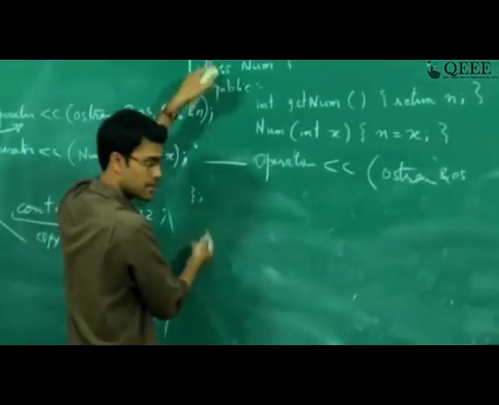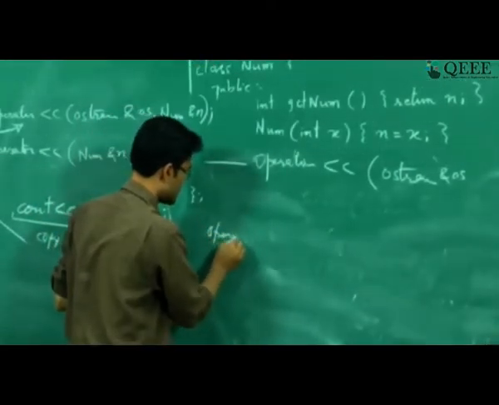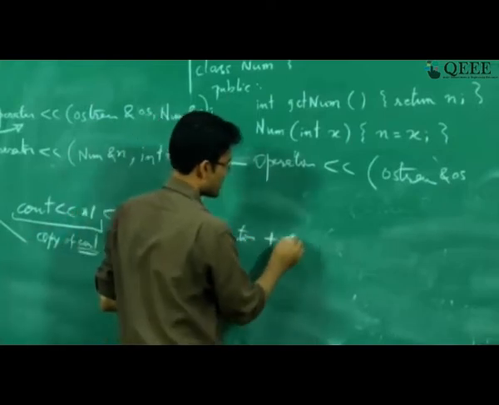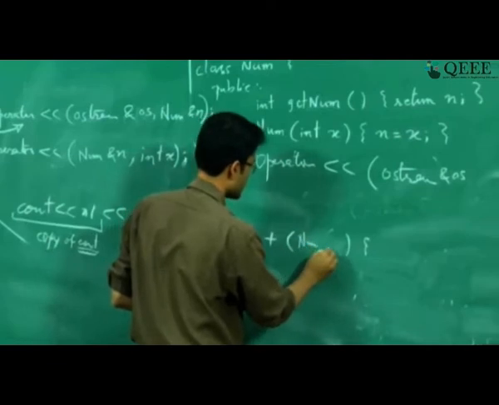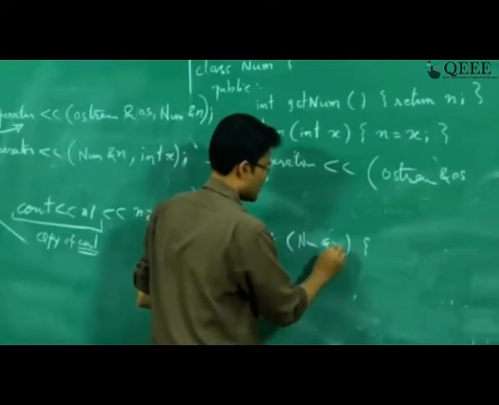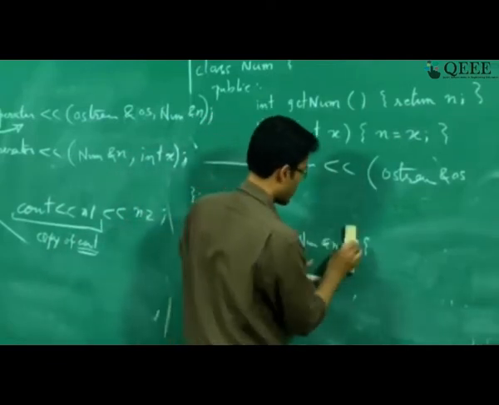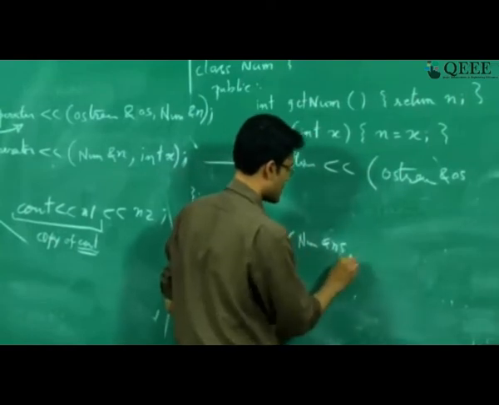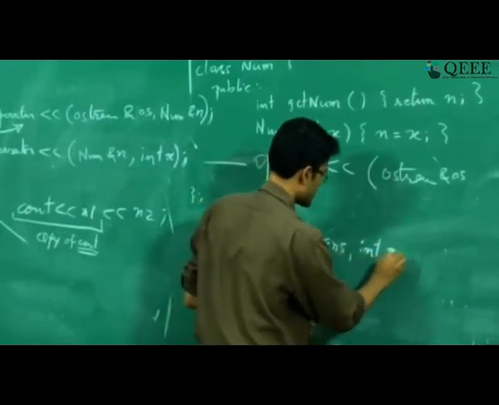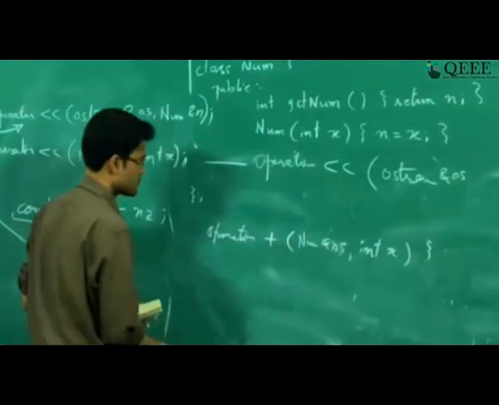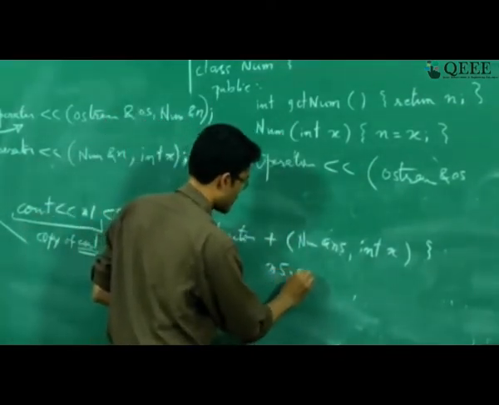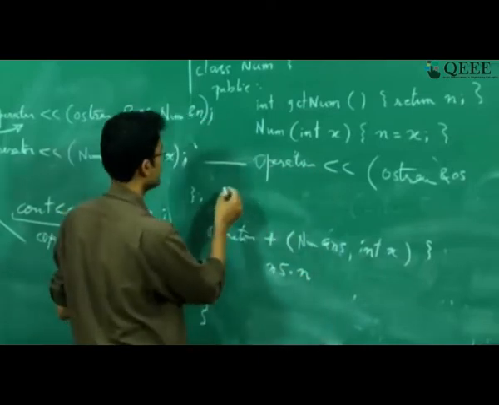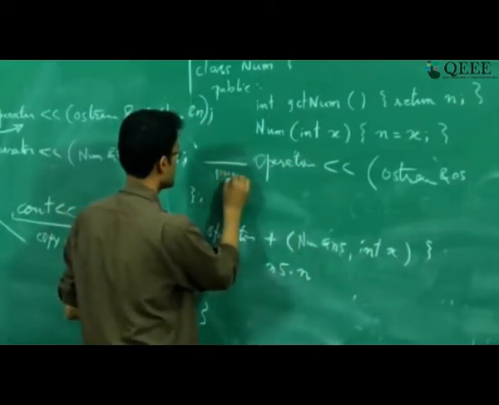Outside the class, when we define operator plus or any other operator, which takes, let's say, num as a parameter followed by, let's say, int x, it will require two arguments. Then n5.n is that private variable which was here.